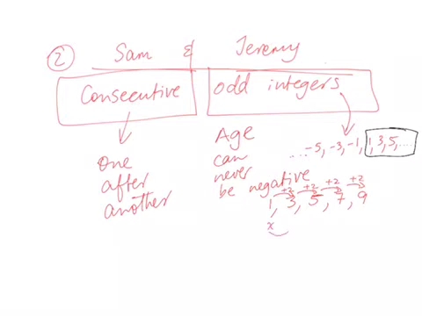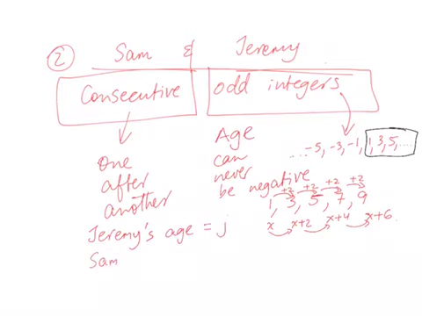What if this is x? Then this is x plus 2. And then this is x plus 4. And then it's x plus 6. Right? So what if in this case they're saying that Jeremy's age is J. Jeremy's age is equal to J. So what is Sam's age then? They're consecutive. So Sam's age would be J plus 2. Now they've used a keyword, product.